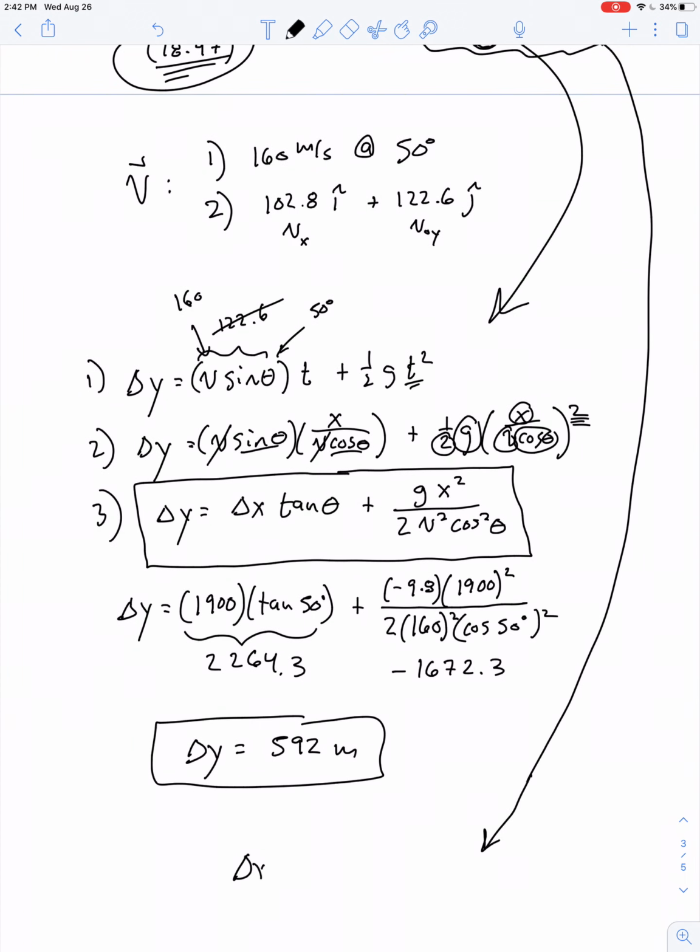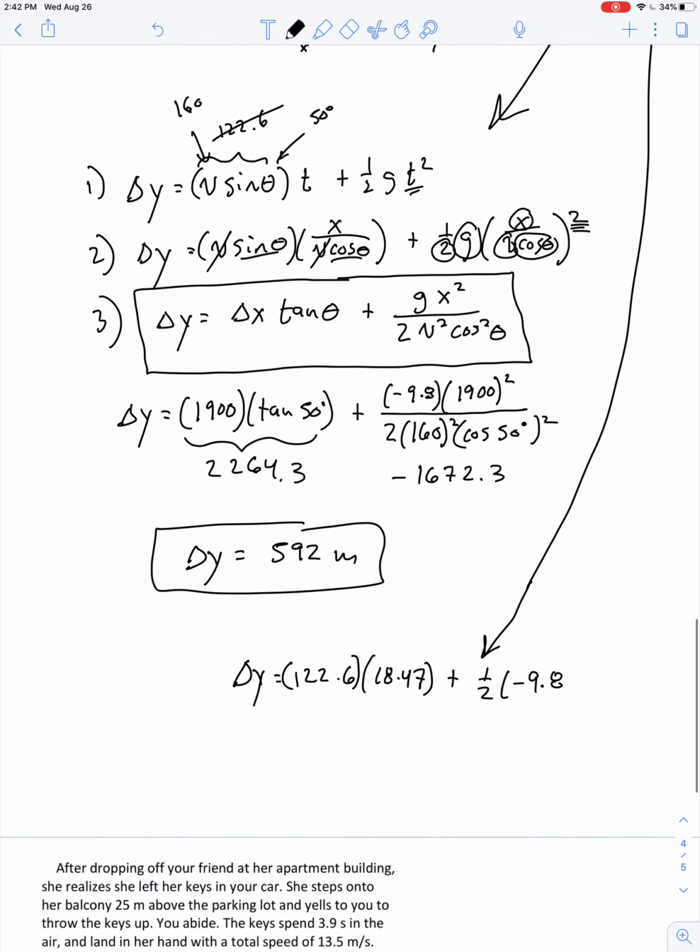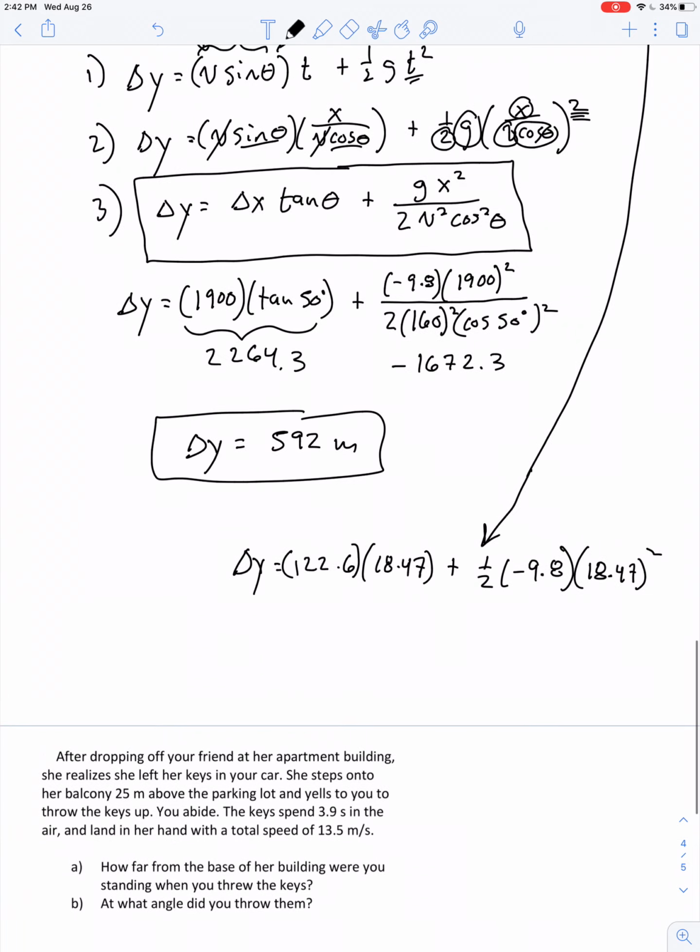So we would get delta y equals 122.6 times 18.47 plus 1/2 of negative 9.8 multiplied by 18.47 squared. Okay, so yeah, this gives me the same 2,264, well this time 0.4, but that's because the 18.47 is somewhat rounded off.